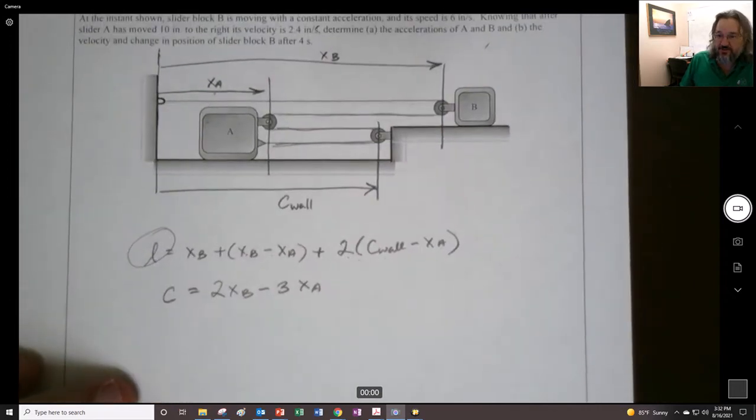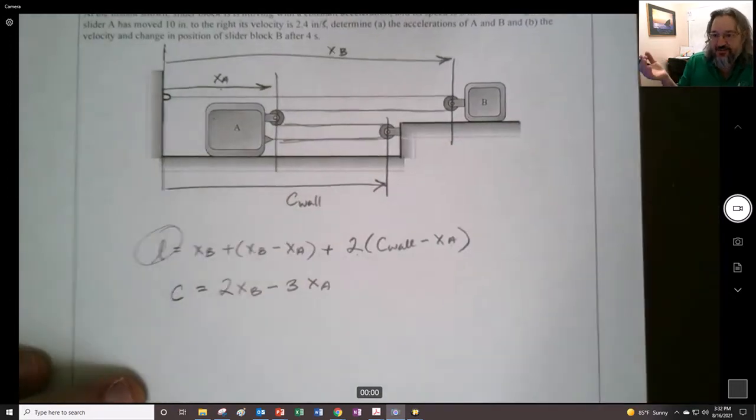Easy once you see how it's done, but you have to think your way through this.